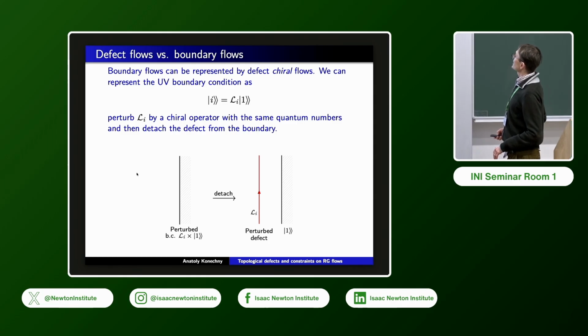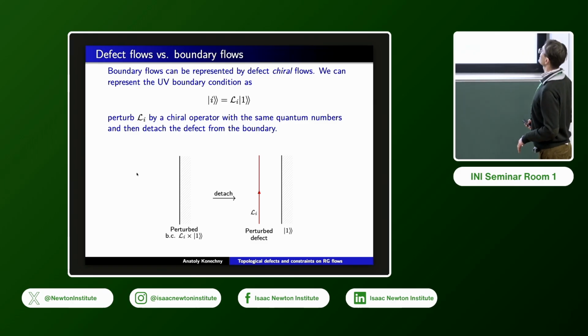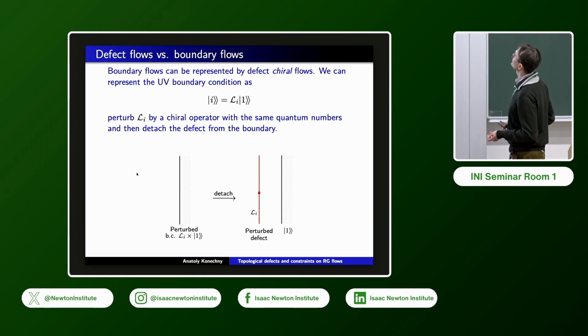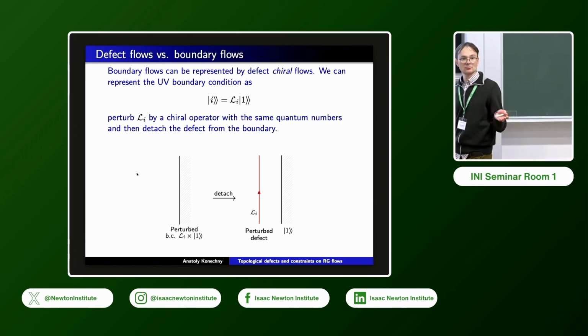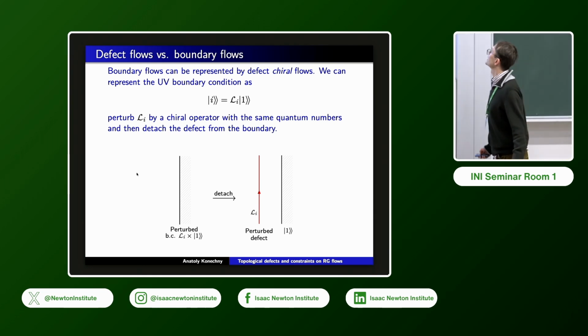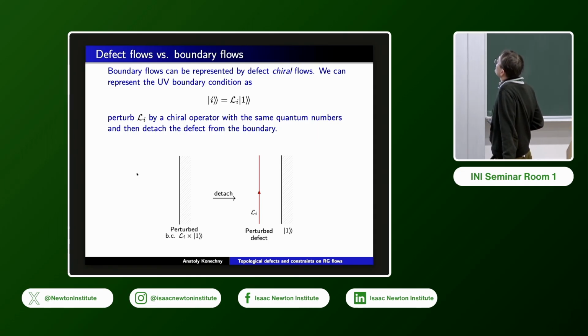Okay, so I focused on the boundary flows, but you can ask, of course, what about defect flows? Here, there's one simple correspondence. If we do have an identity boundary condition, as we typically do have, say, a Cardy identity brane in the minimal models, then you can always represent an arbitrary UV boundary condition as some TDL line acting on this favorite identity boundary condition, and then we can move your boundary perturbation onto the defect.